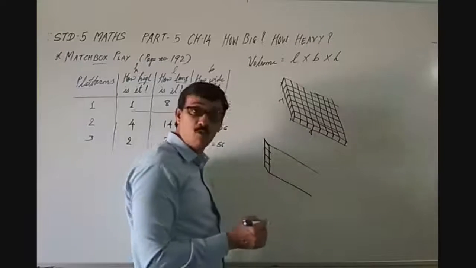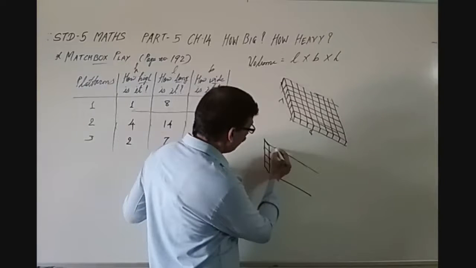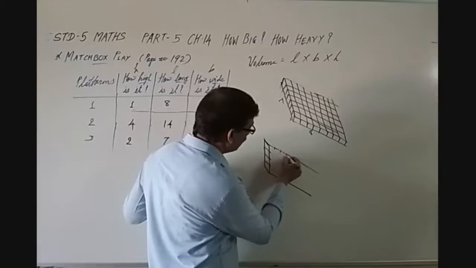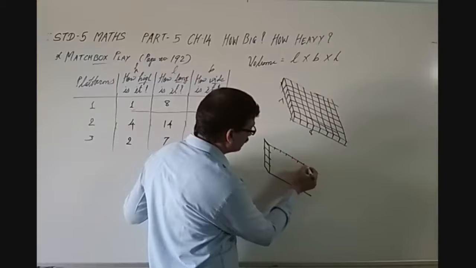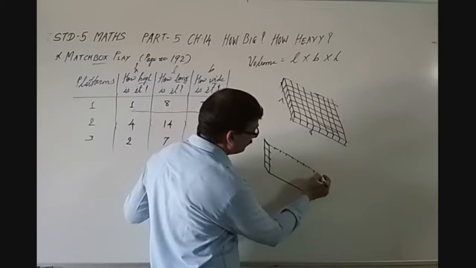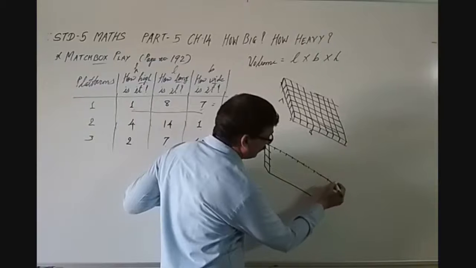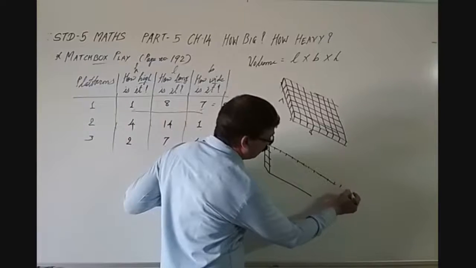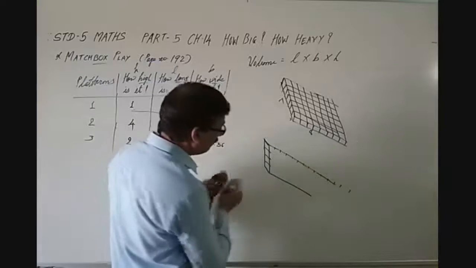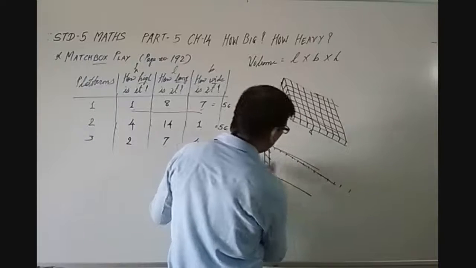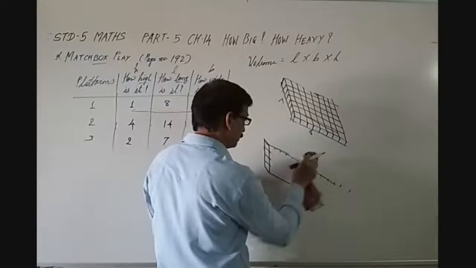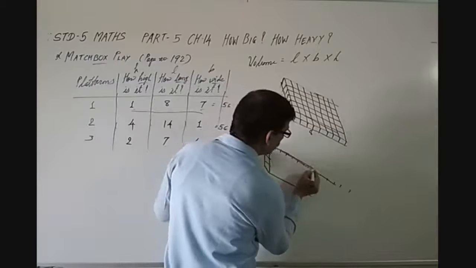And lengthwise it is 14. So let me draw 1, 2, 3, 4, 5, 6, 7, 8, 9, 10, 11, 13, 14. So it will be up to this. Sorry. It will be up to this.